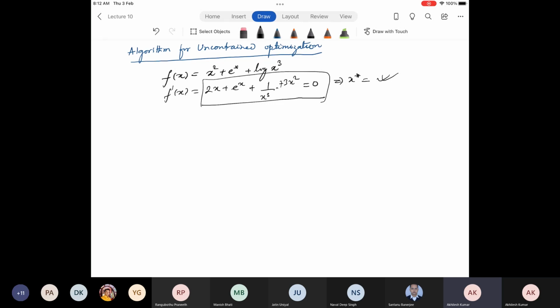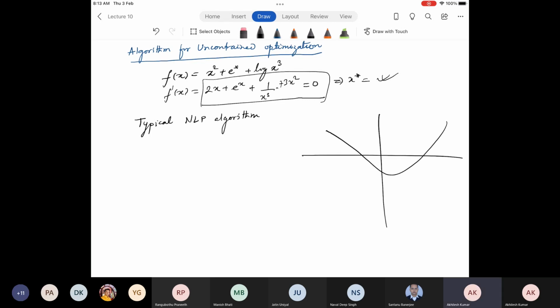If you look at any typical NLP algorithm, although I've shown you this example, most of the functions will work with either quasi-convex or pseudo-convex. So suppose your function looks something like this. The minimum happens here. How does a typical nonlinear programming algorithm work?